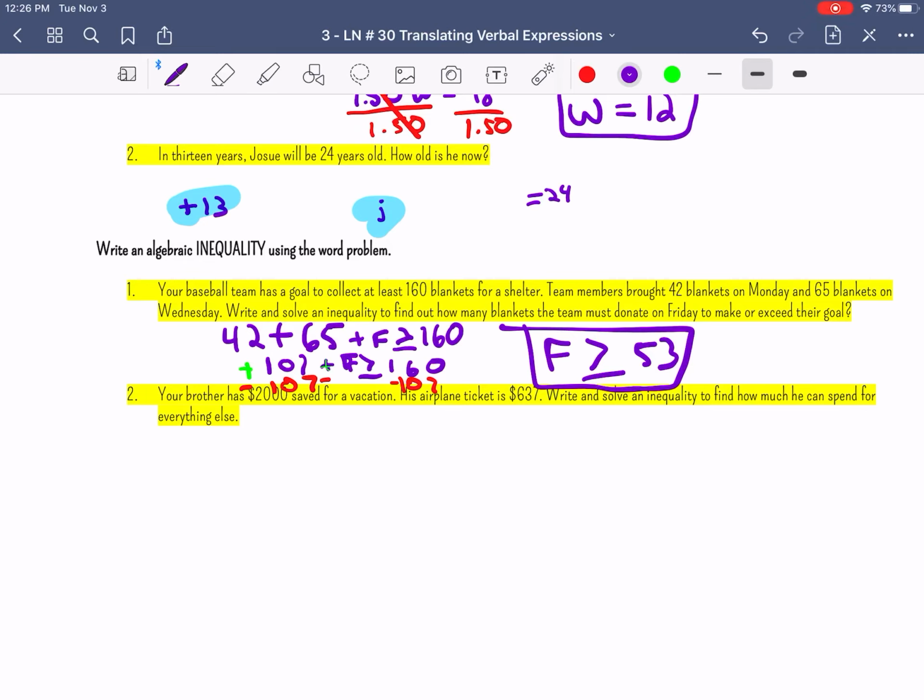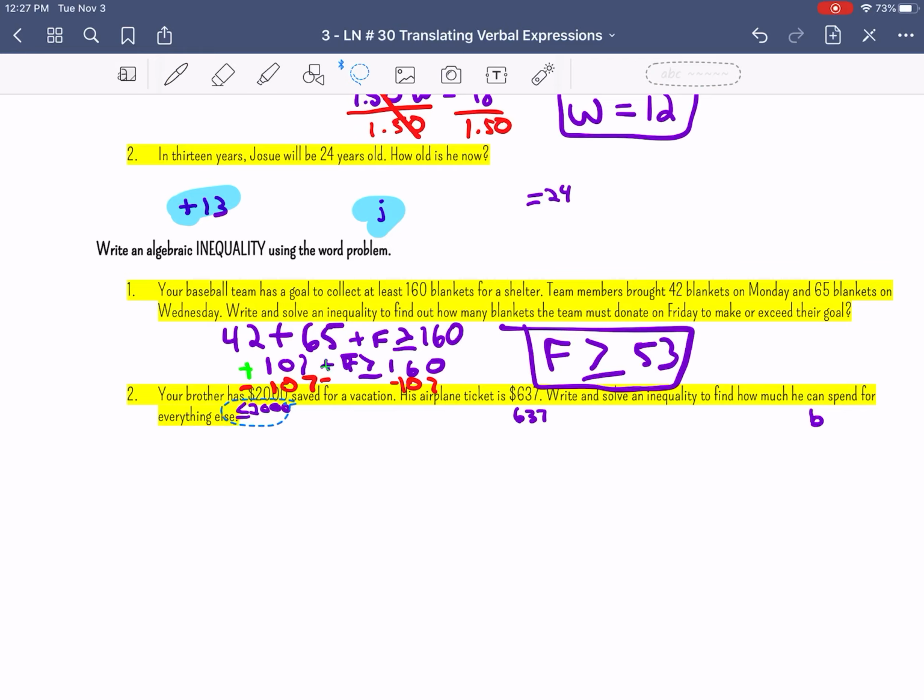Okay? So number 2, your brother has $2,000 for a vacation. His airplane ticket is, he already spent $637. So we have to find out how much more he can spend, so B for brother, he can spend. So he can't spend more than $2,000. So $2,000 is the most it can be.